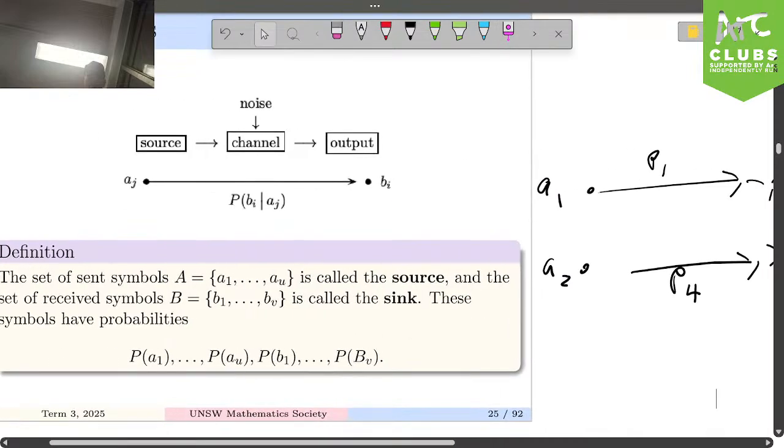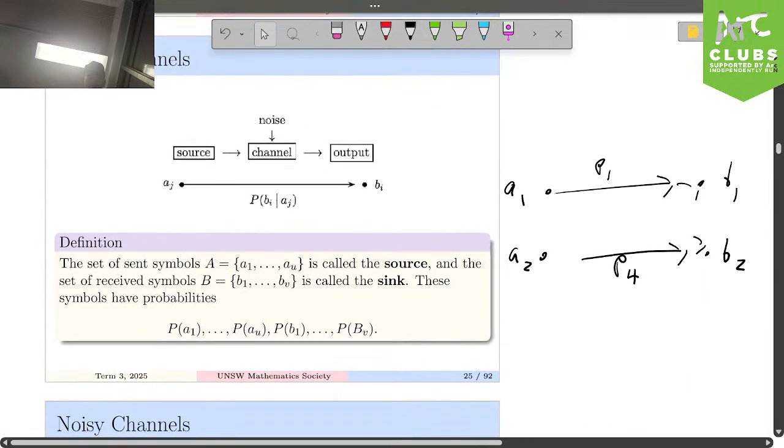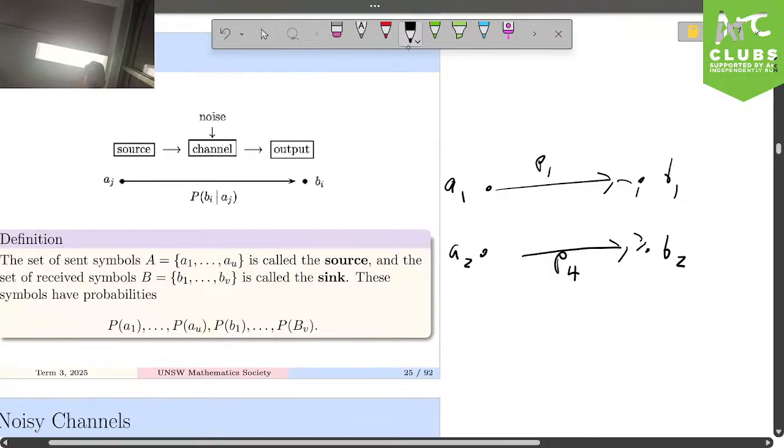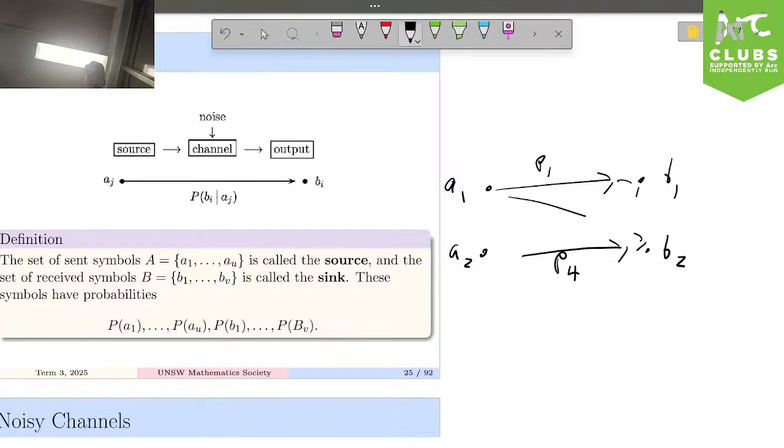But because of noise, which might corrupt the signal we're trying to send, there would be cases where if we try to send A1 to get B1 out, we would instead get perhaps B2, which is what could happen. And that's what we're going to be studying here.